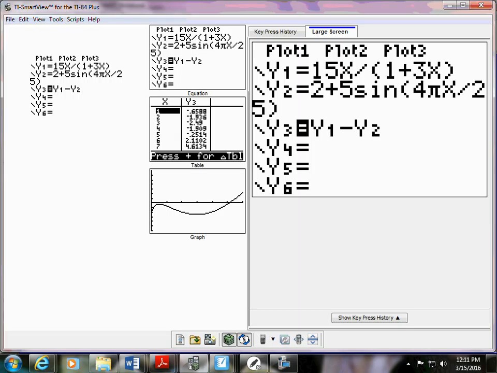Because that's the rate in, you want to put your rate in Y1, your rate out in Y2, and the rate of change would be rate in minus rate out. That's another thing I love doing. I make Y3 rate in minus rate out, Y1 minus Y2 every time for these. Every time, so I don't have to worry about typing anything later.